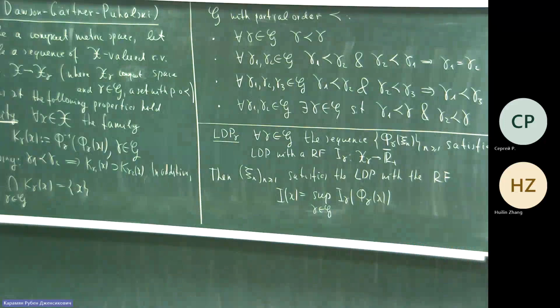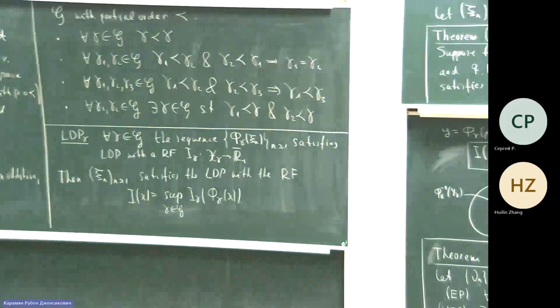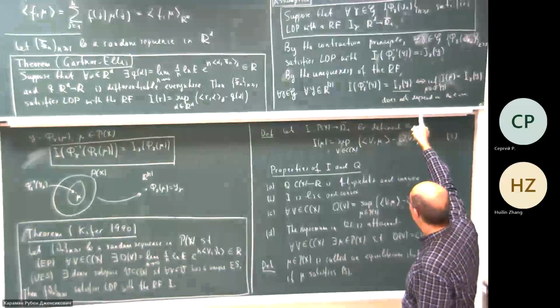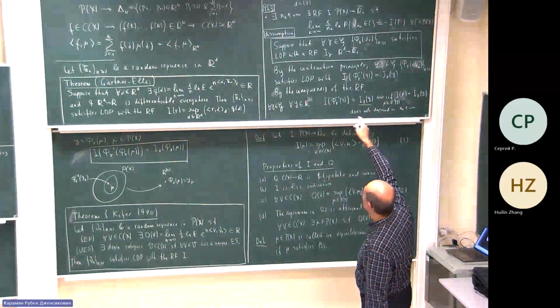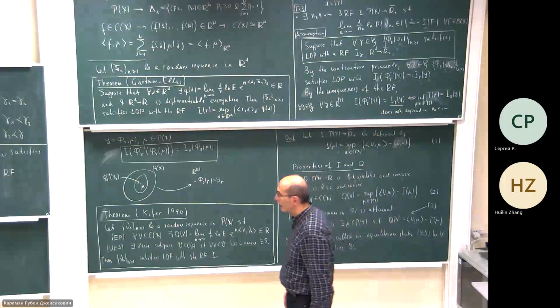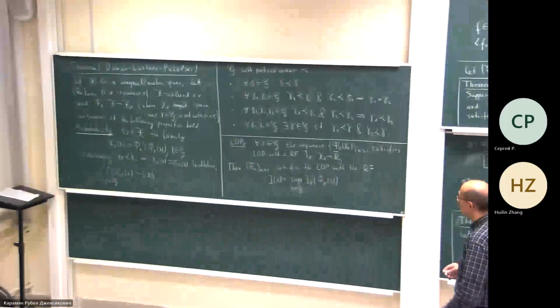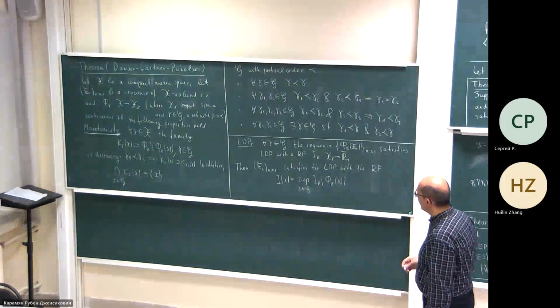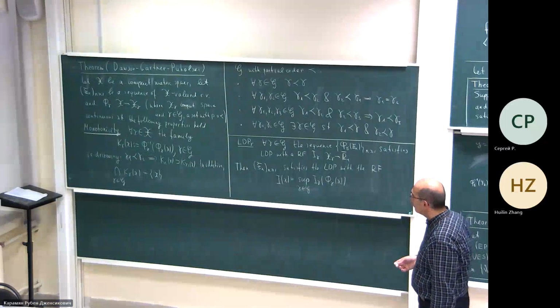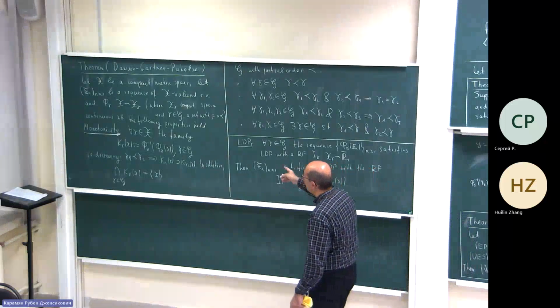This theorem is a formalization of the idea that if you have a sequence and a sufficiently large family of contractions satisfying the LDP, then the initial sequence should satisfy the LDP. Okay, let's prove this result. Now the proof is almost the same length as the formulation.